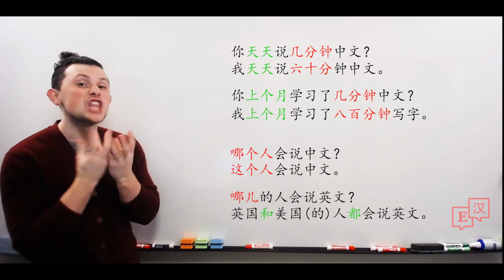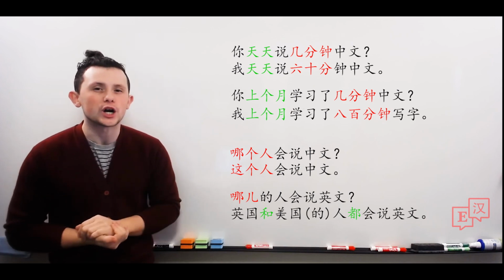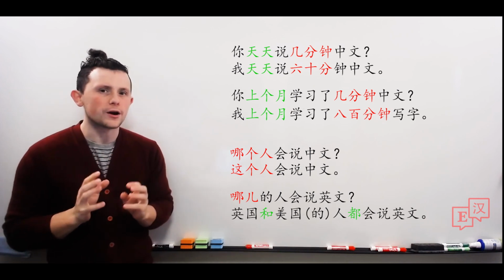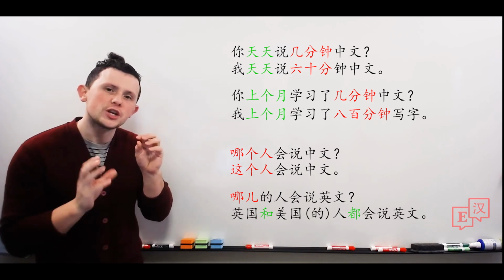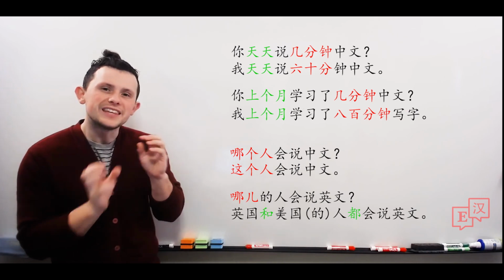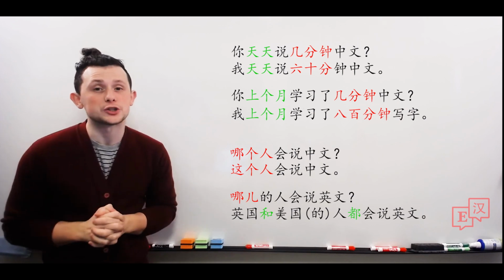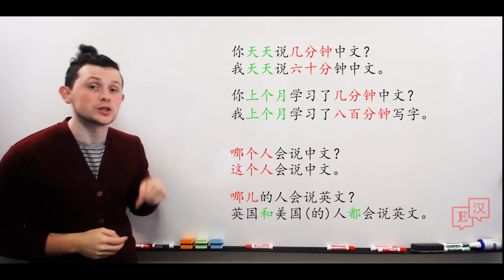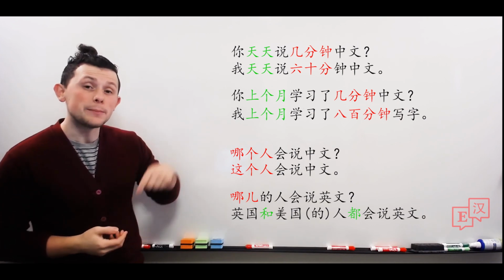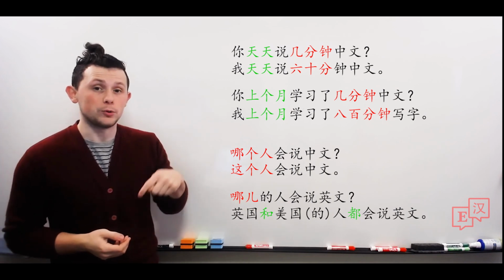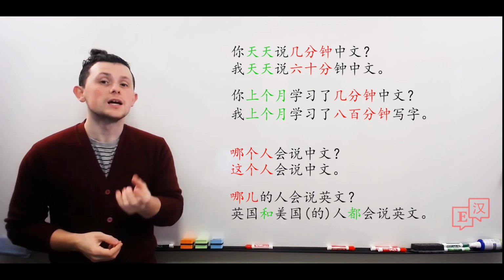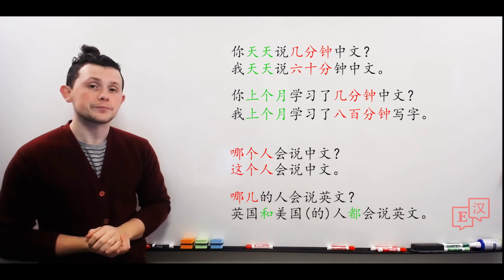So in this case, 哪儿 is expressing where. It's very simply where. The 儿 that comes after the 那 or 哪, this serves to say the location of that. So which location? If I were to say 这儿的人, that is the people of here, or here's people. 这儿, here. 哪儿, where.